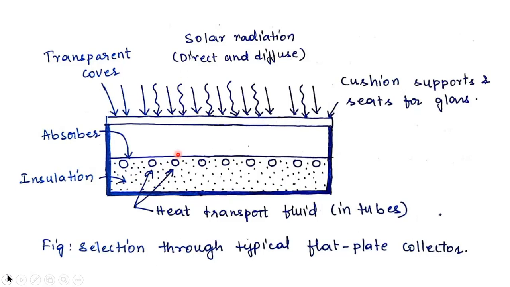These are soldered, brazed or clamped to the bottom of the absorber plate with a pitch ranging from 5 to 15 centimeters. In some cases, these tubes are in line and integral with the absorber plate.